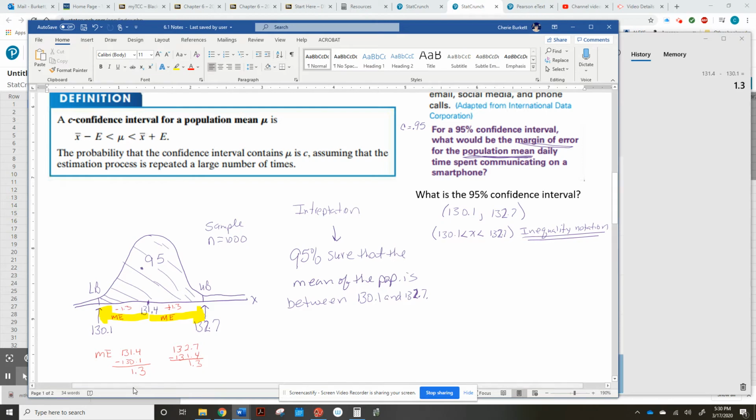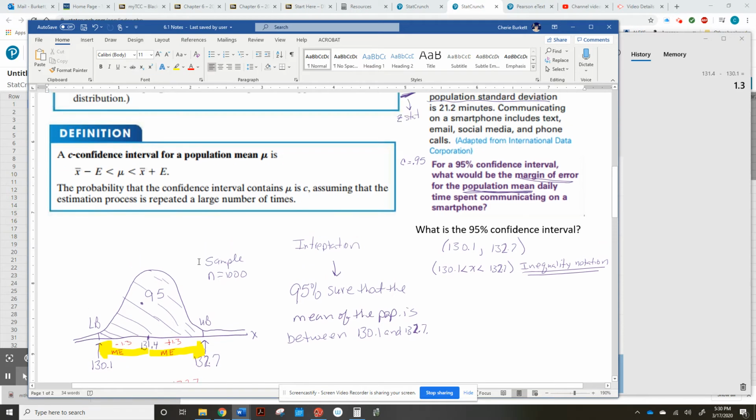You can go ahead and find the whole confidence interval and then subtract how far each one of them is from the sample mean. Okay, so that's one way you can do it.